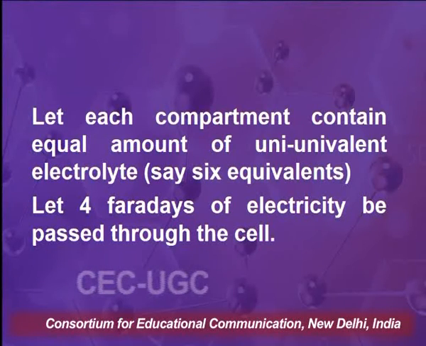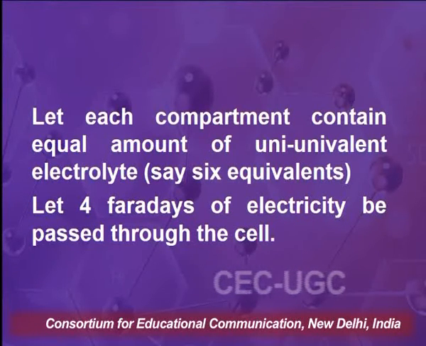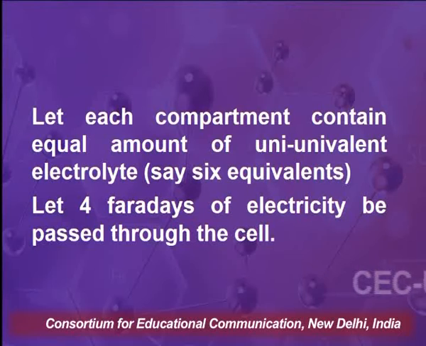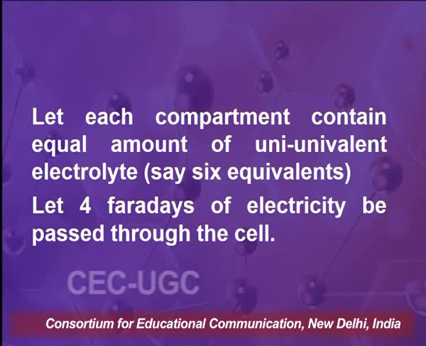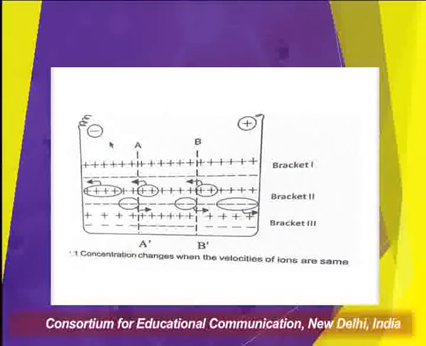We are considering that there are 6 equivalents of electrolytes in each compartment and say 4 faradays of electricity is passed through the cell. We can see what happens when 4 faradays of electricity is being passed. 4 equivalents of cations are getting removed from the cathodic compartment due to electrode reaction, and 4 equivalents of anions are being removed from the anodic compartment due to electrode reaction.